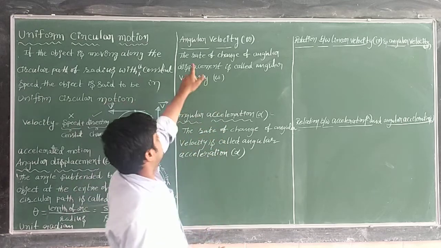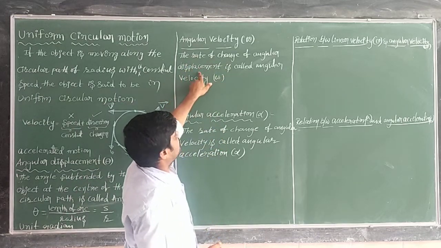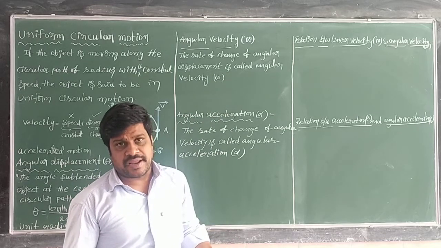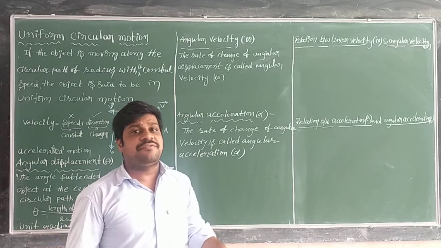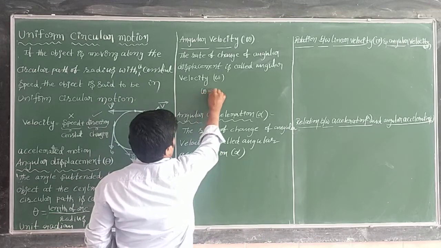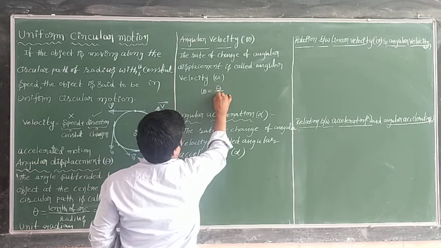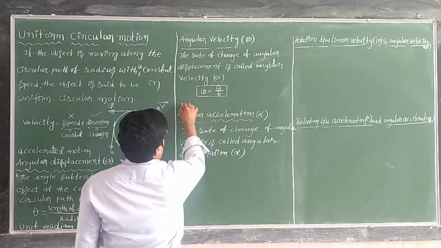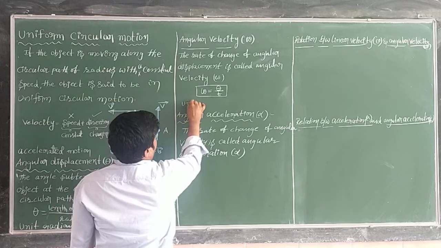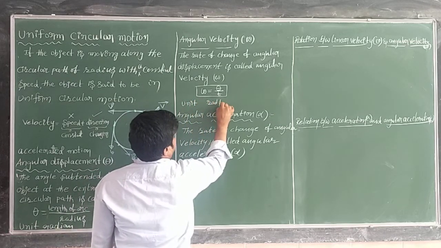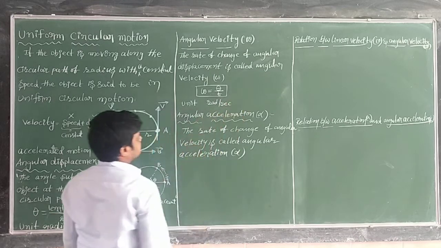Angular velocity means the rate of change of angular displacement. So angular velocity omega is equal to angular displacement divided by time. Its unit is radian per second.